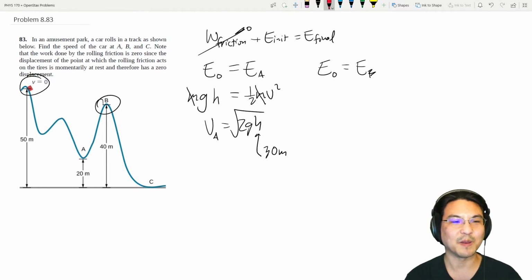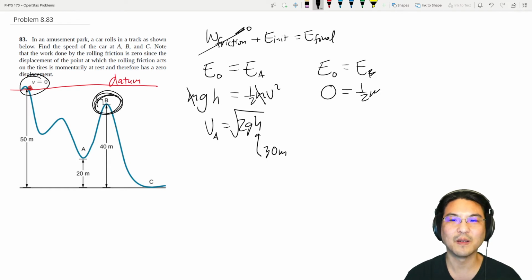So let's say we pick the datum here. Initially it has gravitational potential energy, but it's at the datum. So 0 gravitational potential energy and 0 kinetic energy. So 0. Then when it's here, it's going at some speed. I'll call this the speed at B.